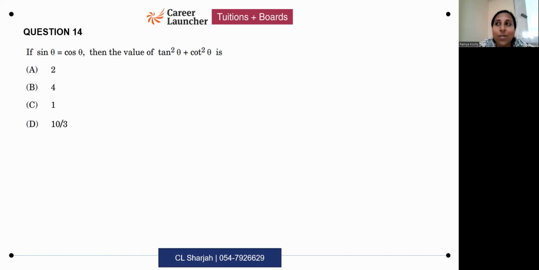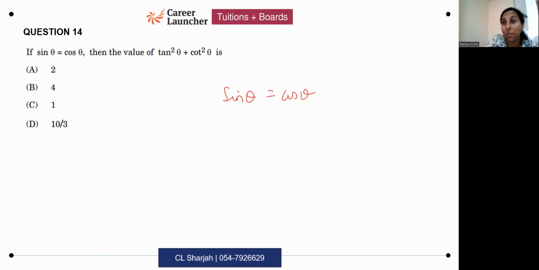If sine theta equals cos theta, what will be the value of theta? 45. Only for 45 degrees sine theta is equal to cos theta. And what is tan square 45? 1. What is cot square 45? 1. So you will get 1 plus 1, 2. Another way to do it, if that doesn't come to your mind: sine theta is the same as cos theta.